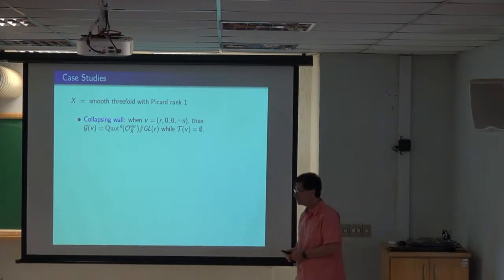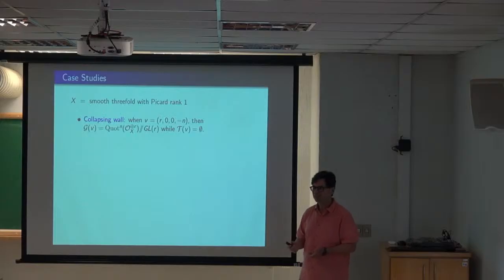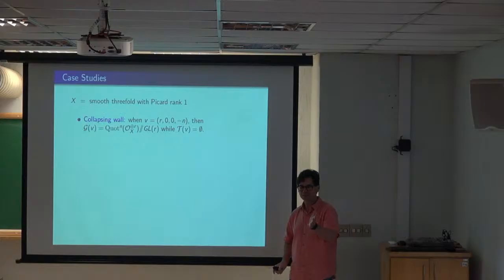First, this wall can be what's called a collapsing wall. A collapsing wall is one that kills every object. Every object that was stable becomes unstable on the other side of the wall, and on the other side the moduli space is empty.